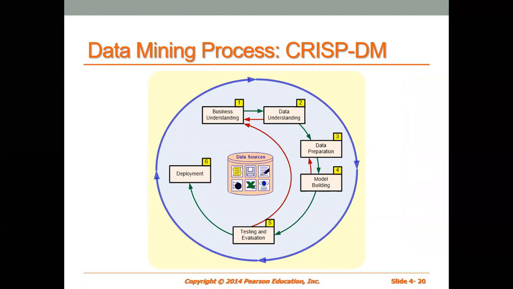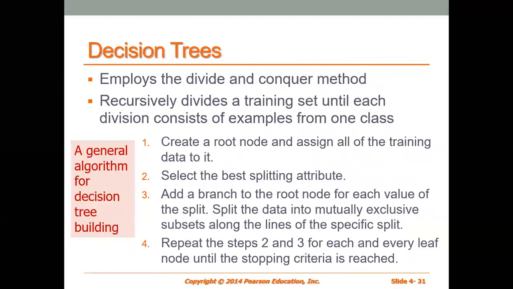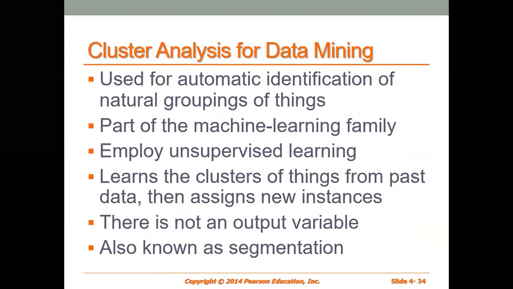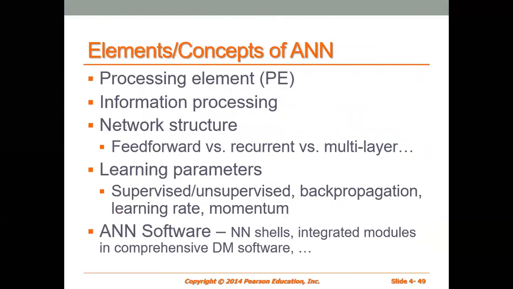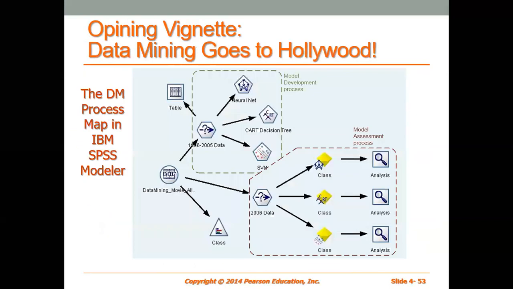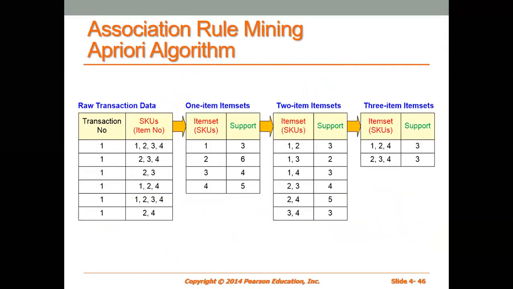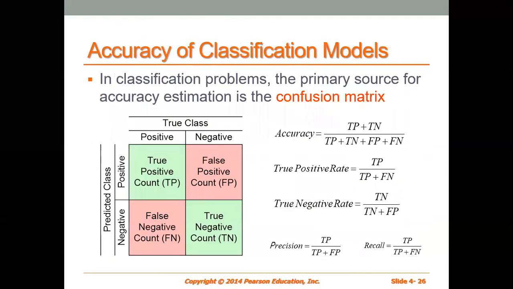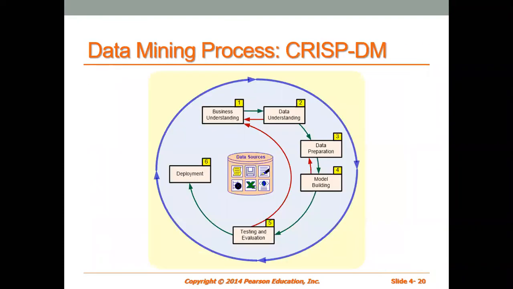So we will have the CRISP model, then the SEMMA model, then the KDD model, and then clustering. This chapter is a little bit bigger, so we will try to cover as much as we can. After the break, we will cover the rest of the chapter. For the time being, you can focus on this CRISP model.